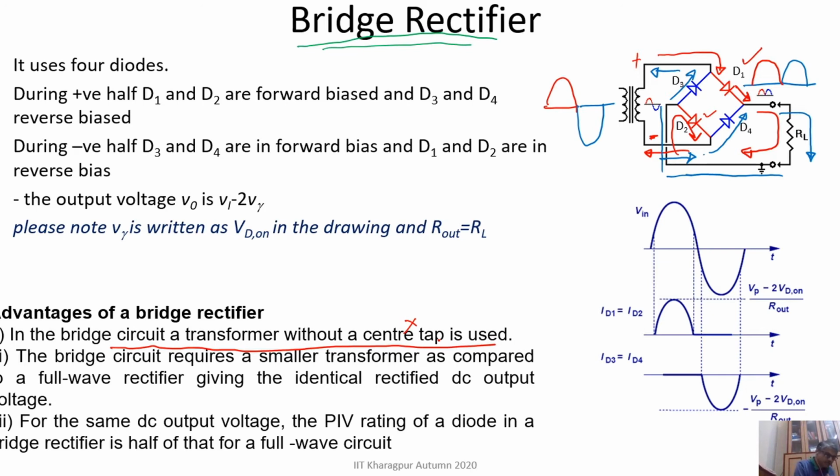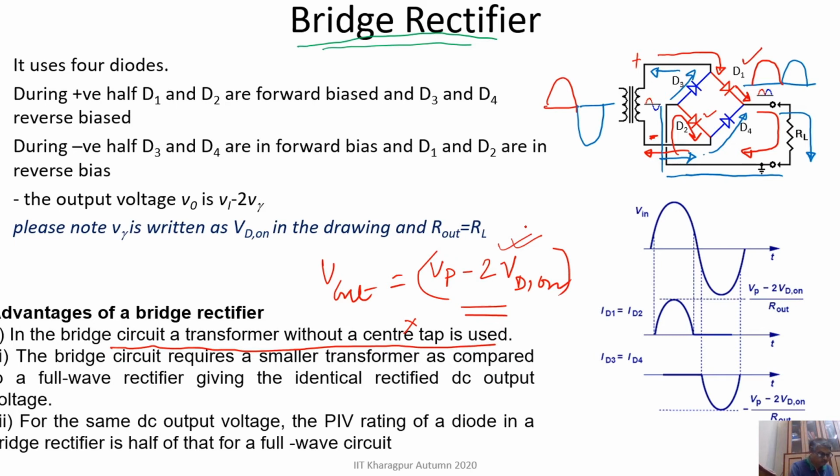Another point is the output voltage you get here will be Vp minus 2 Vd on. This is your output voltage, simply because in each half the current is passing through 2 diodes, so there will be 2 Vd on voltage drop.